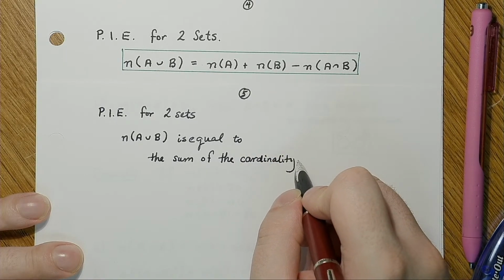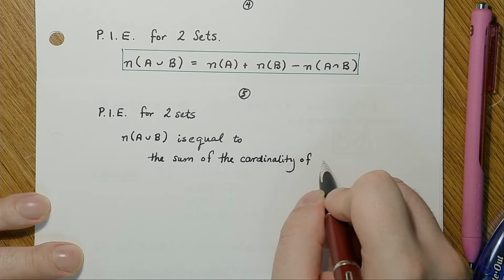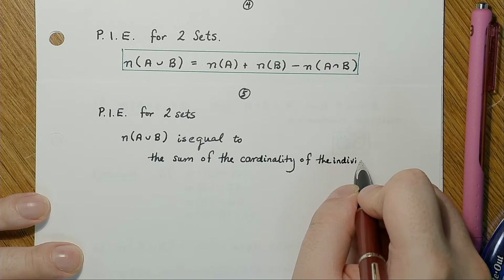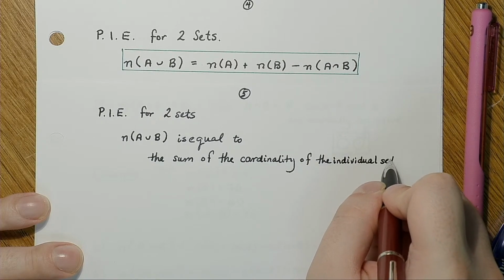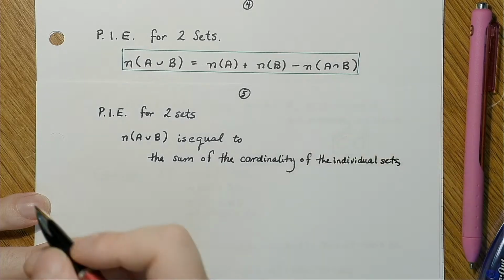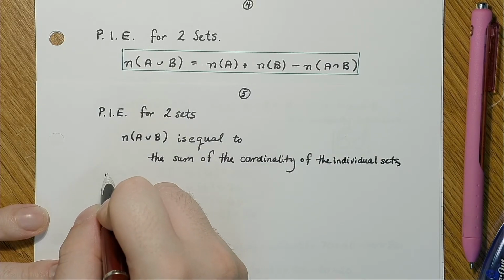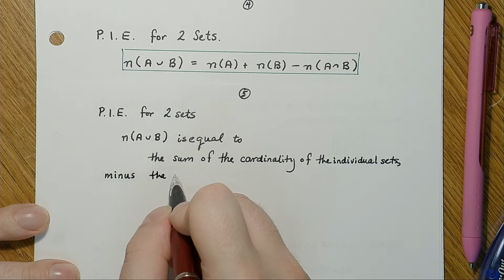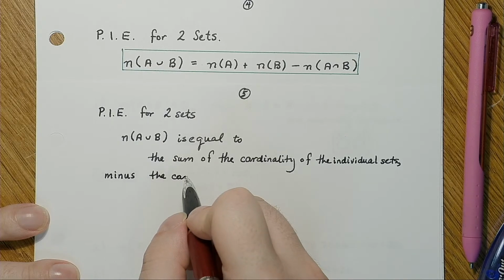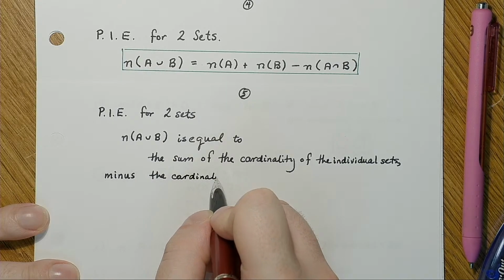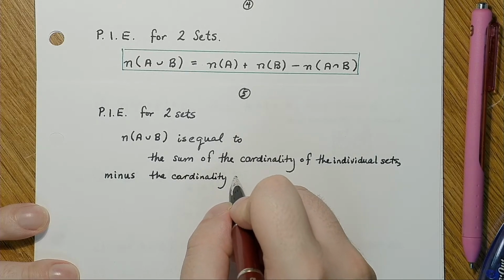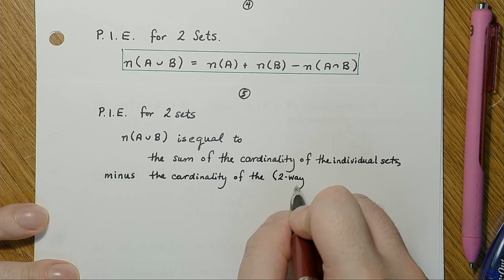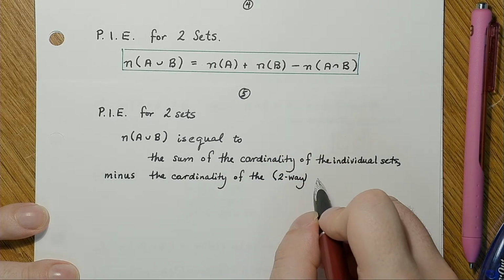The cardinality of the individual sets A and B, minus the cardinality of the two-way, or just the intersection.